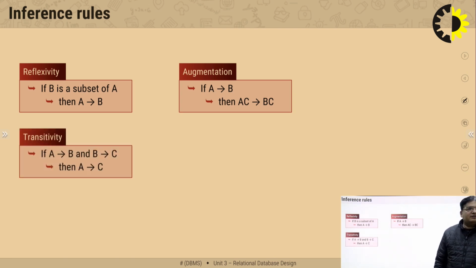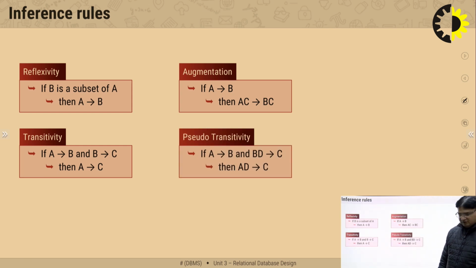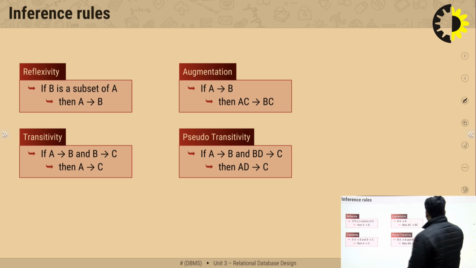Third is transitive rule. That is, if A determines B and B determines C, then A determines C. That is transitive rule.